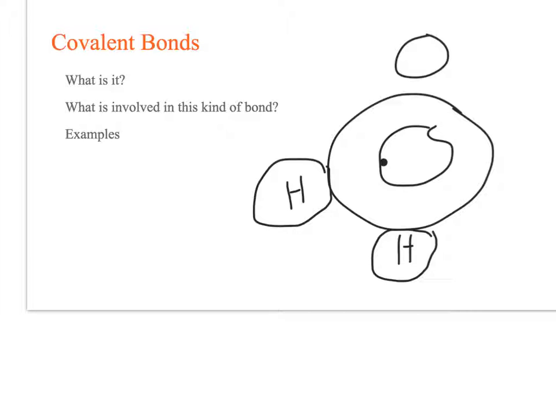The oxygen atom has 8 electrons. Each hydrogen atom also has 1 electron, so as it shares that 1 electron, as you see me putting that down, the oxygen will have a full shell, and the hydrogen will also have a full shell.